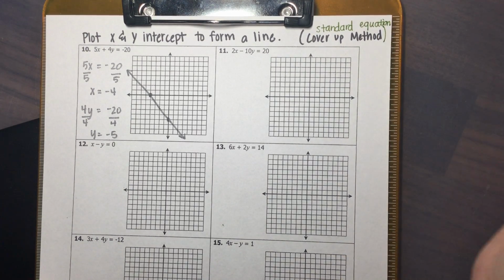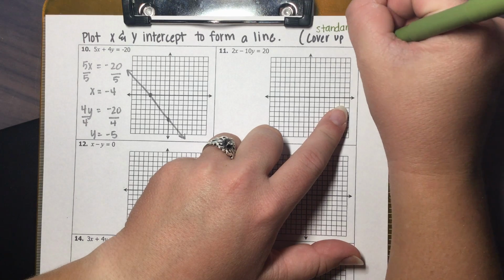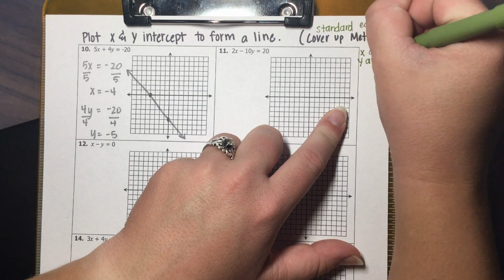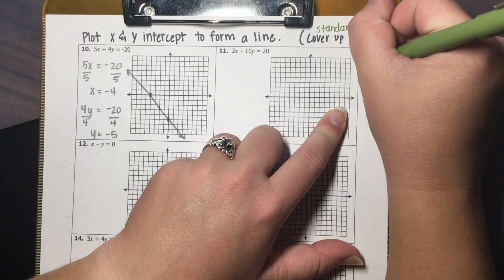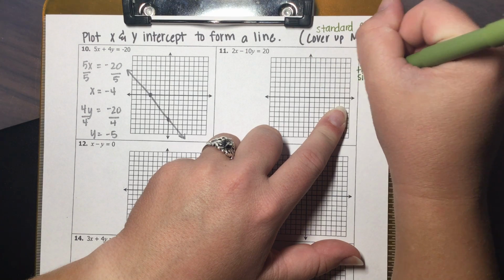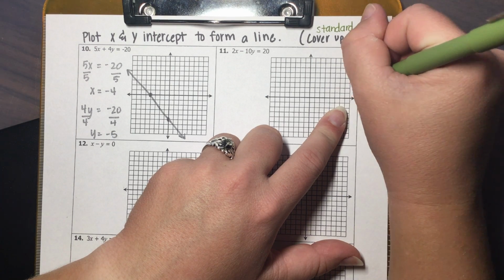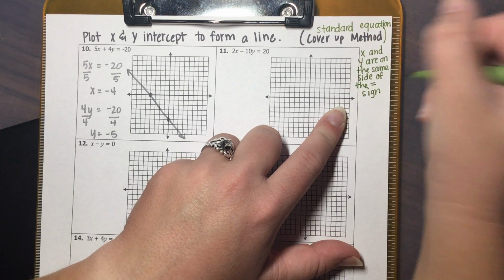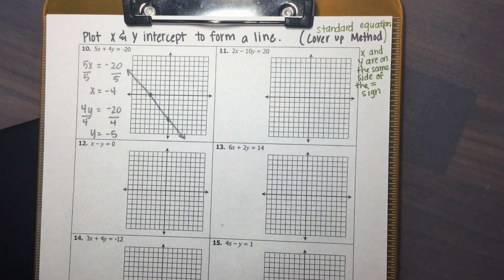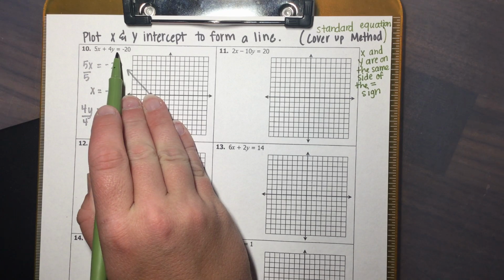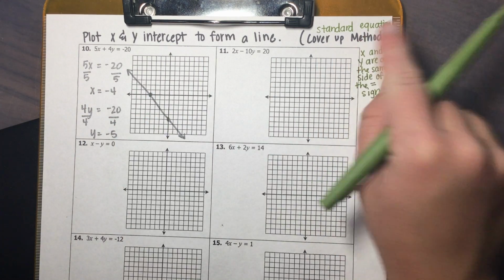The way we know it's a standard equation, x and y are on the same side of the equal sign. Okay, so x and y are on the same side of the equal sign. So if I look at number 10, x and y, both on the same side of that equal sign. Therefore, it is a standard equation.